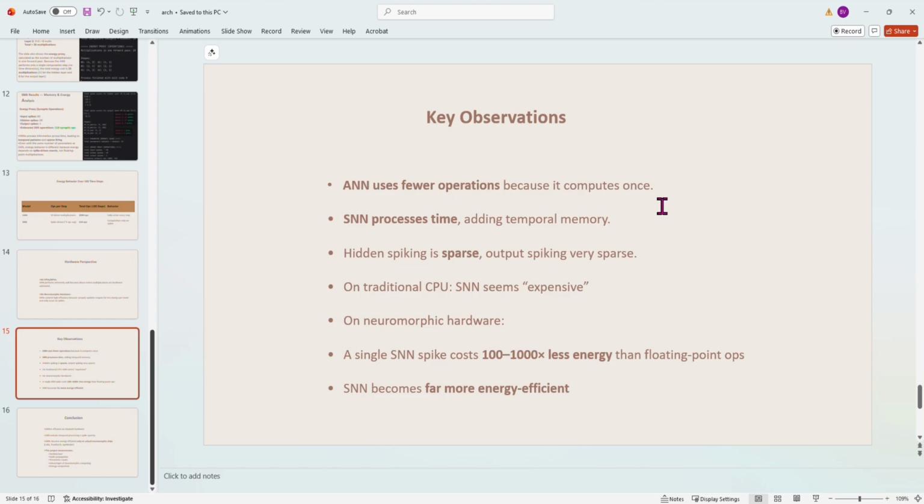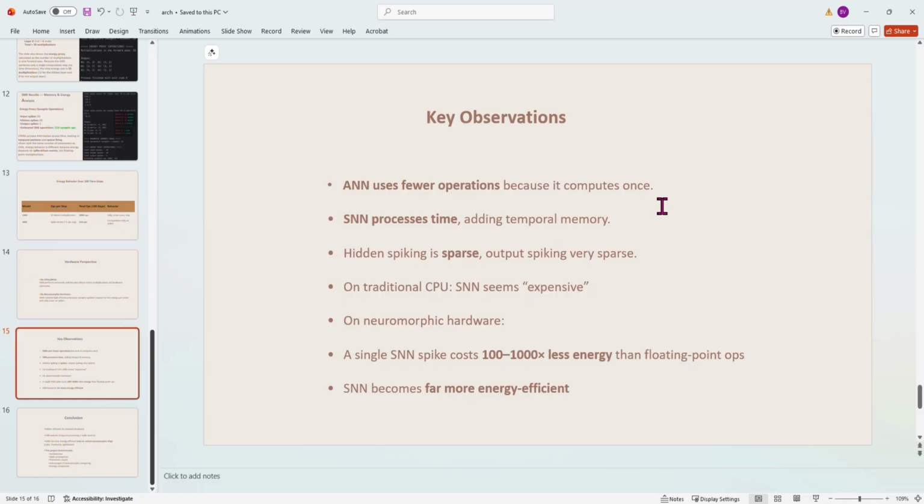So ANN uses few operations overall because ANN computes only once in one forward pass. These are our key observations from our entire project. SNN processes information over time, so SNN runs for many time steps and it adds temporal memory naturally.